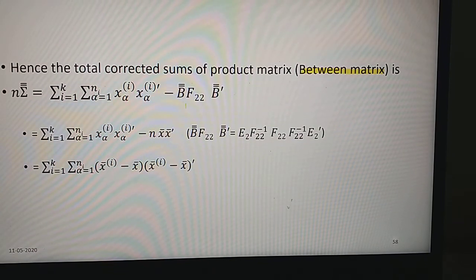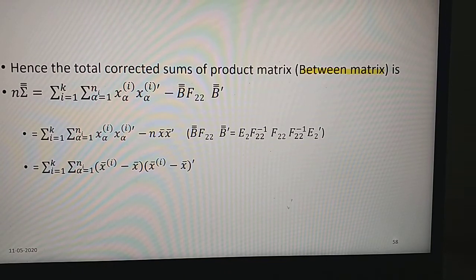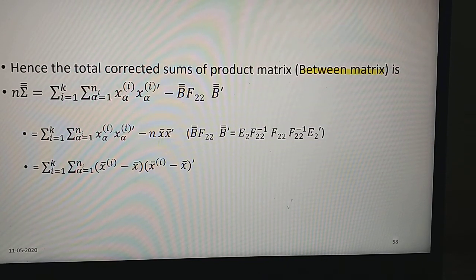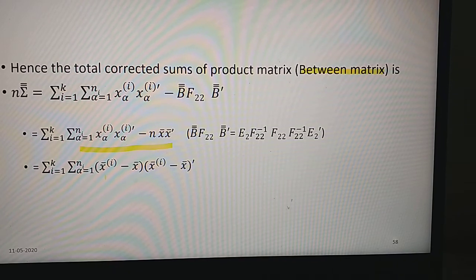So instead of B double cap you replace it by E2 F22 inverse. And you remember what x bar is: the pooled mean from all the samples, the common mean vector. If you expand this algebra, you will find this.